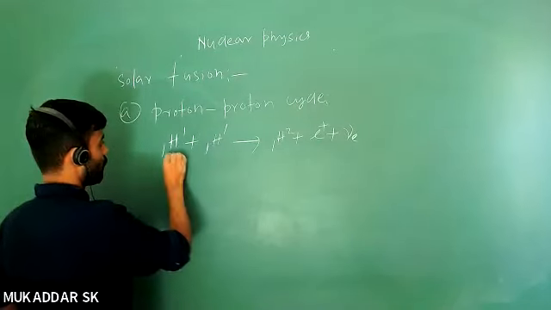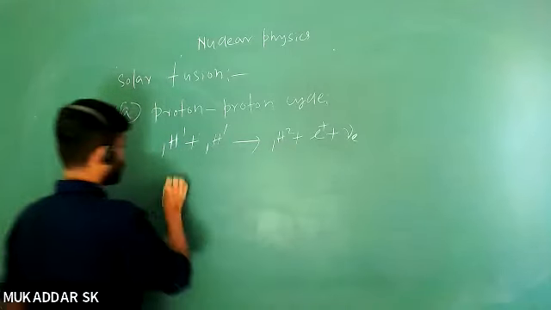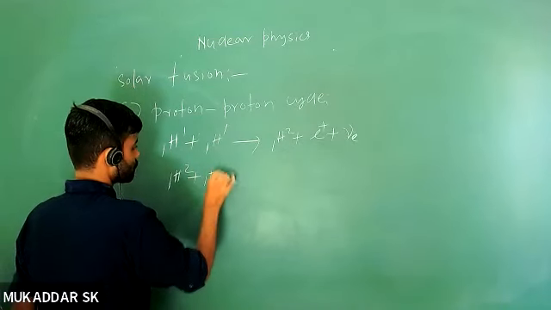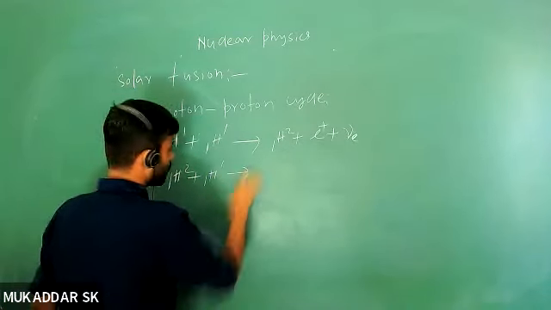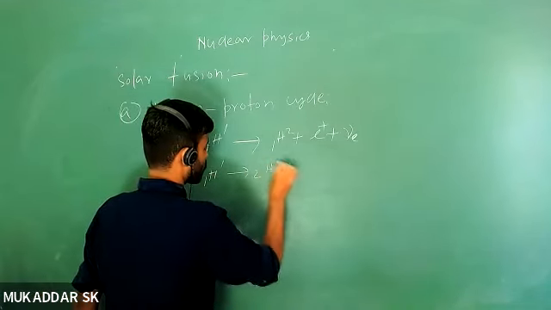So two 1H1 will combine and produce this 1H2. Now 1H2 will combine with 1H1. Then what will it give? 2He3, right?